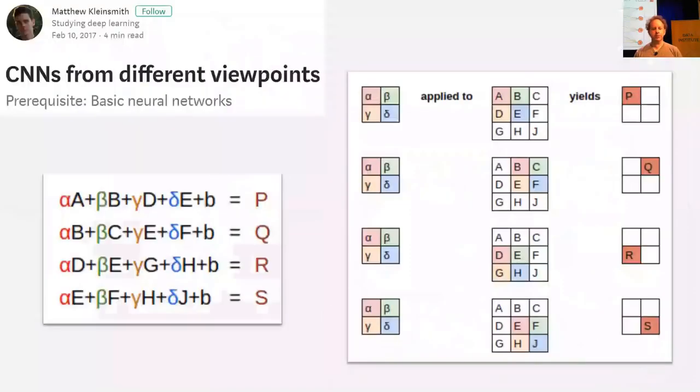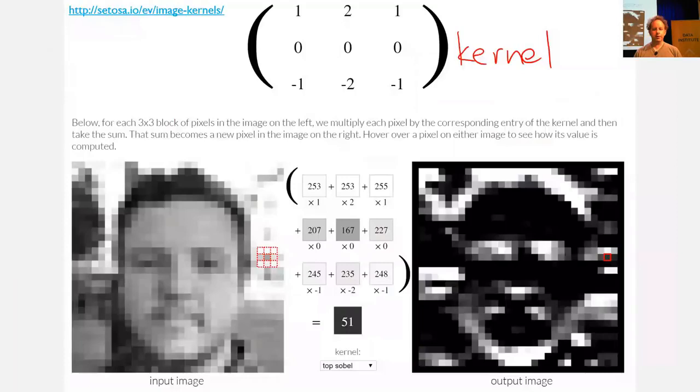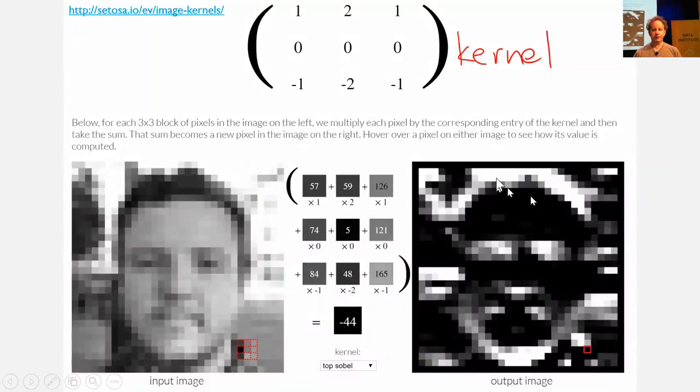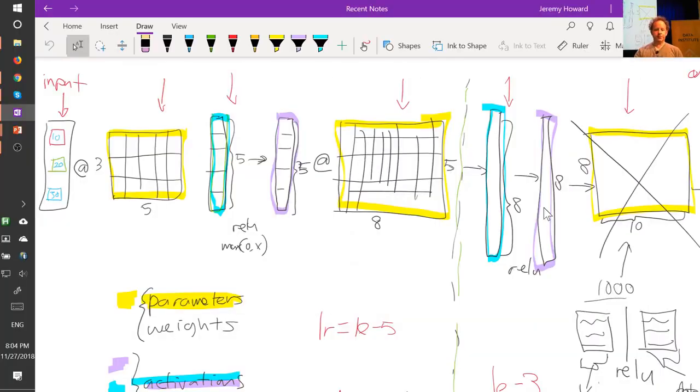So a convolutional neural network wouldn't be very interesting if it can only create top edges. So we have to take it a little bit further.